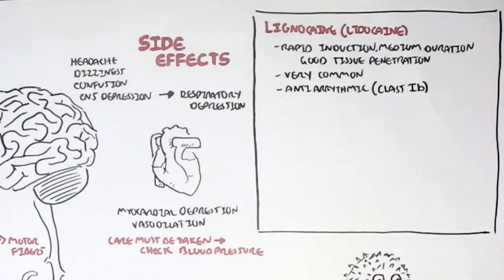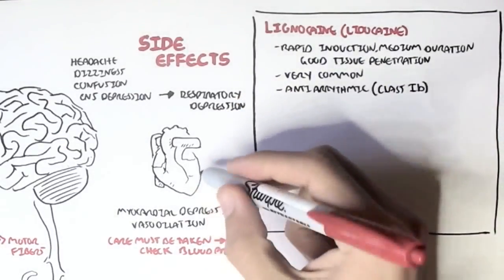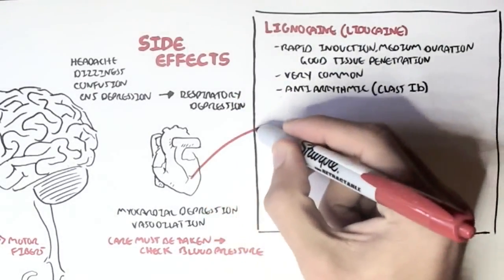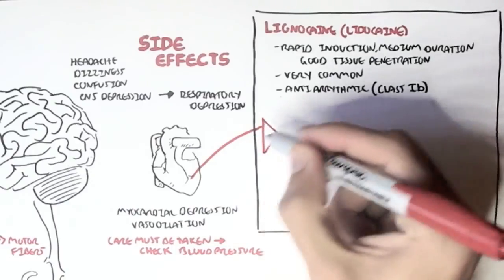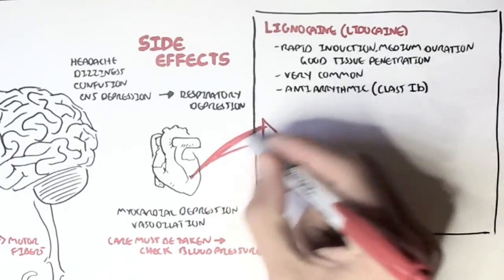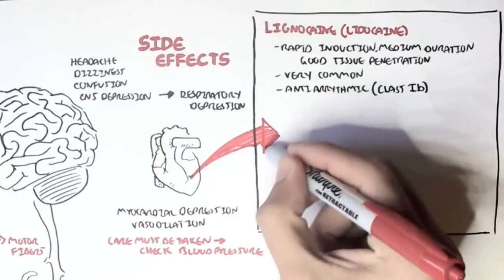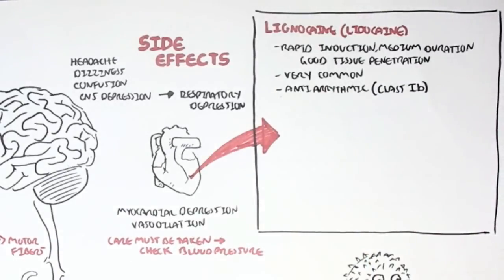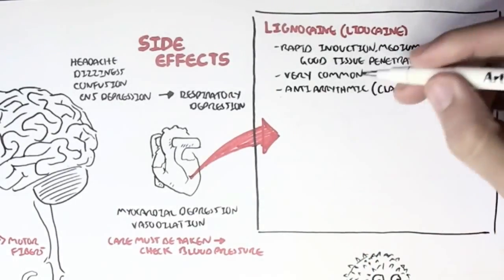As an antiarrhythmic drug, it tries to help in arrhythmias. So it works on the rapid depolarization phase of the ventricles.